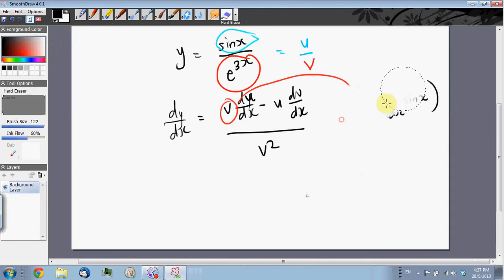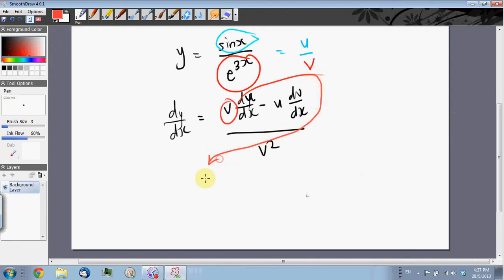I'm going to draw it at the bottom, since I have no space here. So your v is e to the power of 3x, times du/dx, where you differentiate the top, u, which is sine x, so d/dx of sine x.